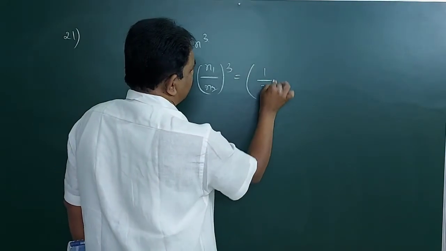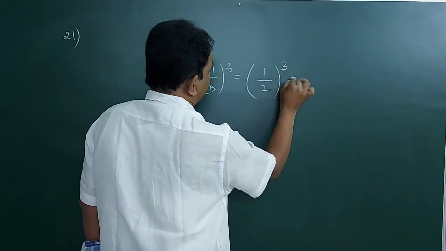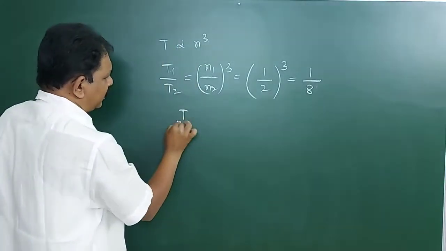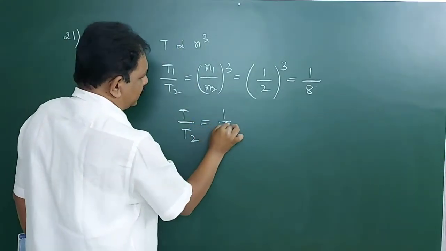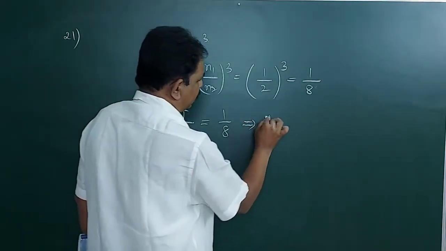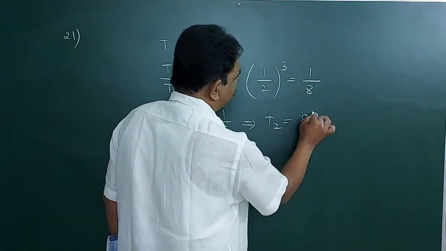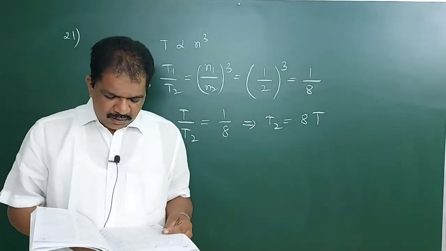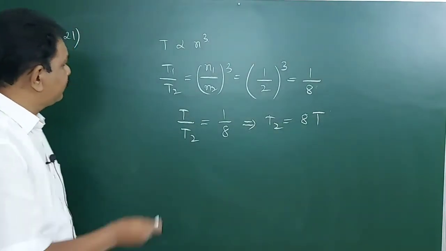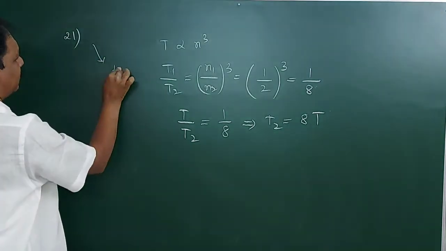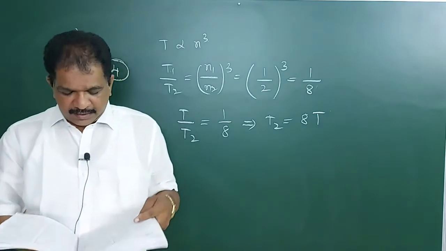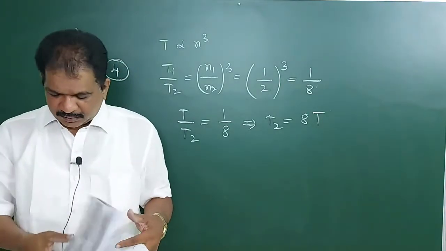First excited state means n2 is equal to 2, this is T, this value they gave T, this is 1 by 8, T2 is equal to 8T. So 21st it will be fourth option. Clear?